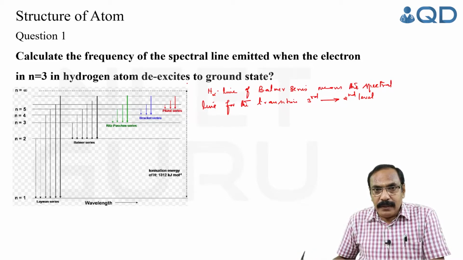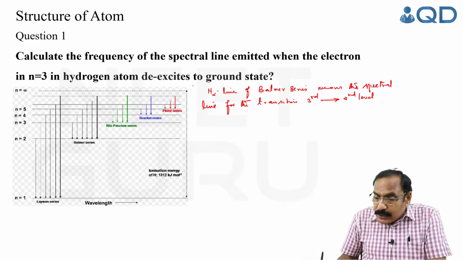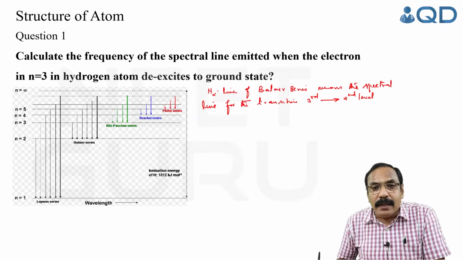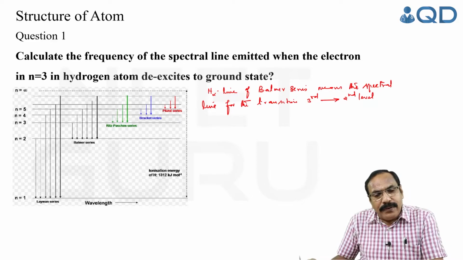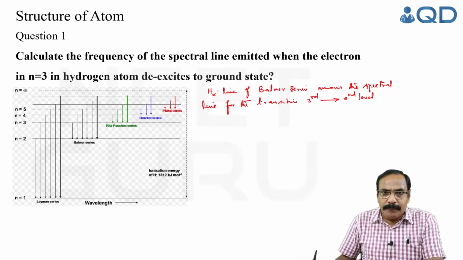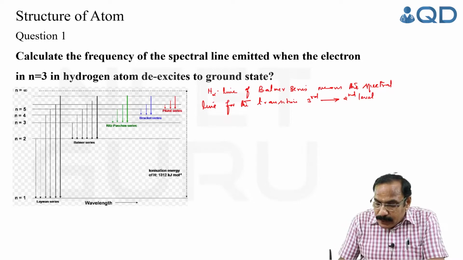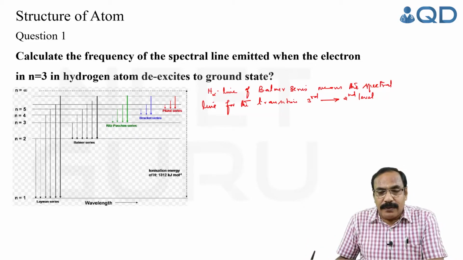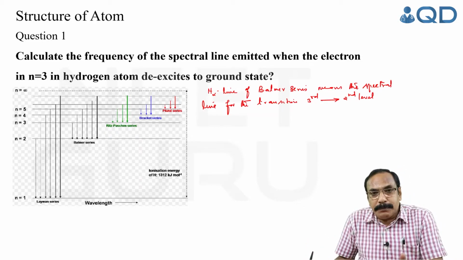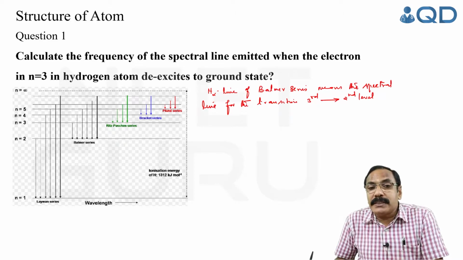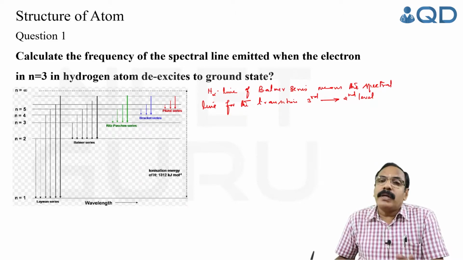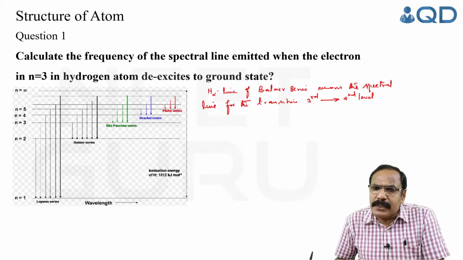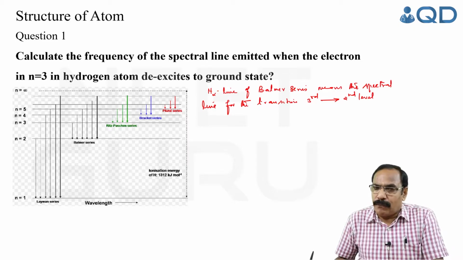For example, an electron from infinity returns to the ground level, that is n equal to 1. It is the limiting line of the Lyman series of hydrogen, or for that particular species. Suppose an electron from infinity returns to the second level, it is the limiting line of the Balmer series of hydrogen and so on. So, a limiting line is the spectral line that appears for the transition of an electron from infinity to a particular lower level. Remember, it is the line having the highest or maximum wave number or frequency.